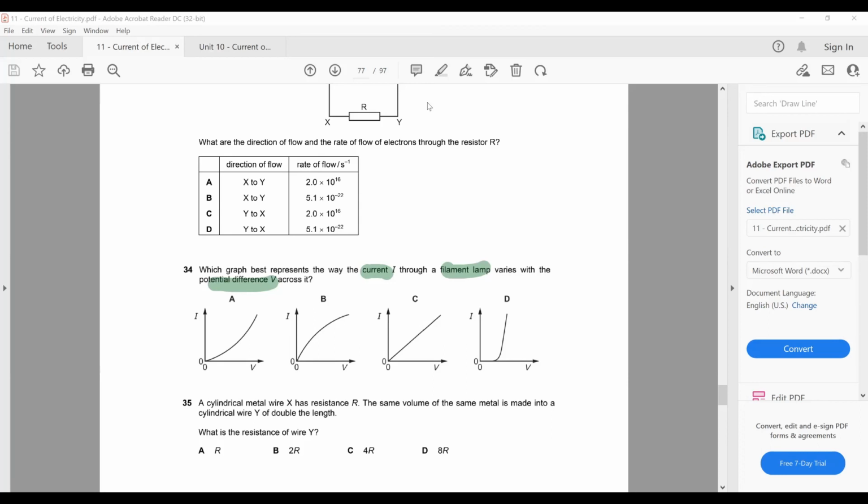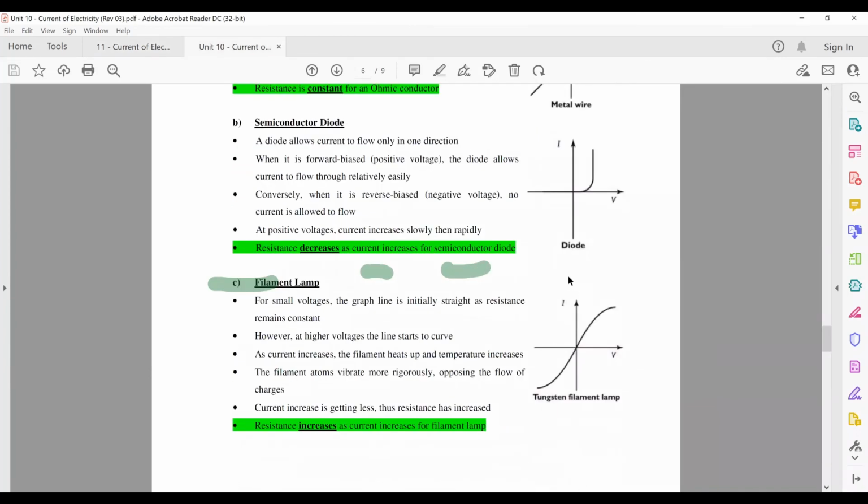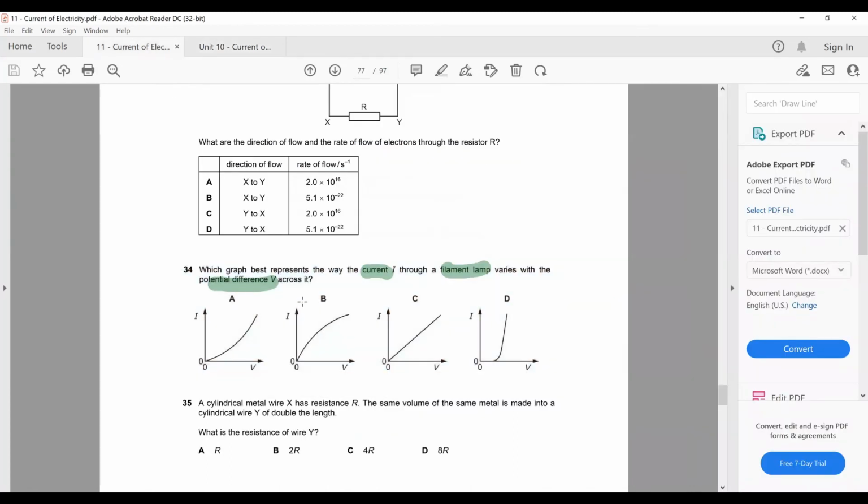So you see, this one here, if let's just say you memorize the graph shape, that one would be good. But then I won't suggest you memorize the graph shape. Just now the graph shape for filament lamp was this, right? This is I versus V. Sometimes the question may try to play tricks on you.